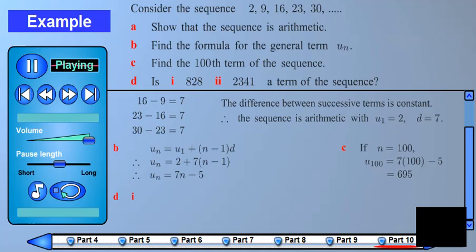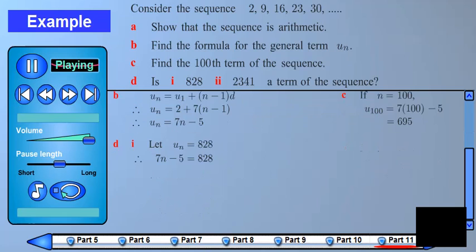In part 1, if the nth term is 828, then 7n minus 5 is 828. Solving this equation, we find n is 119.